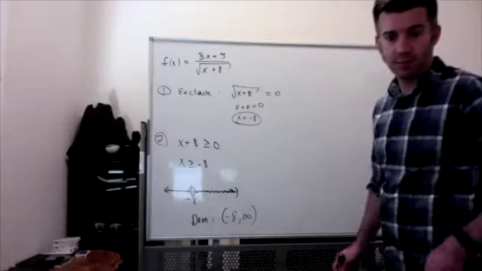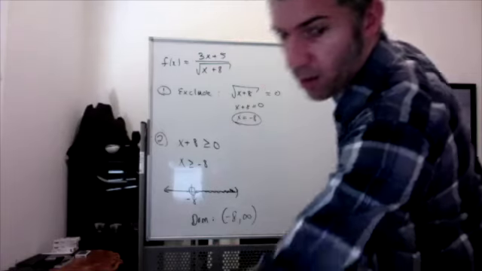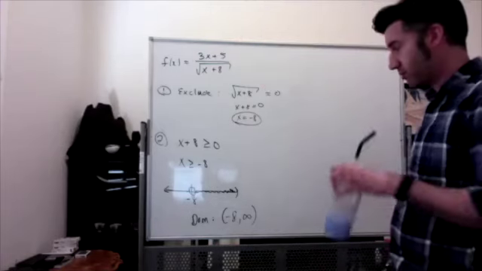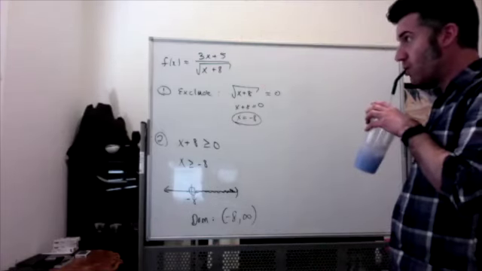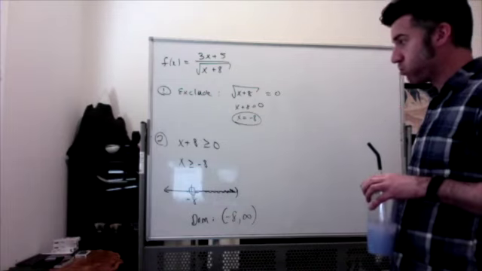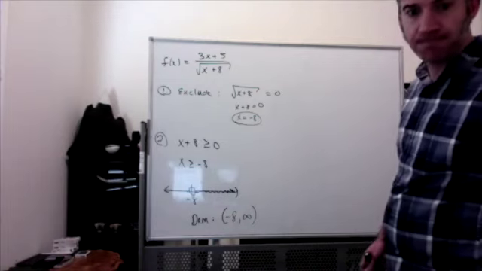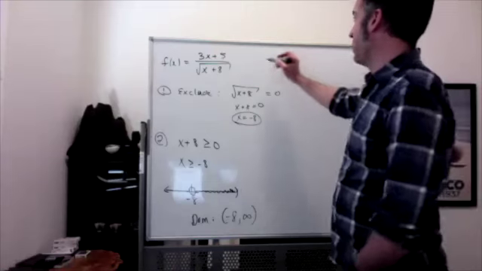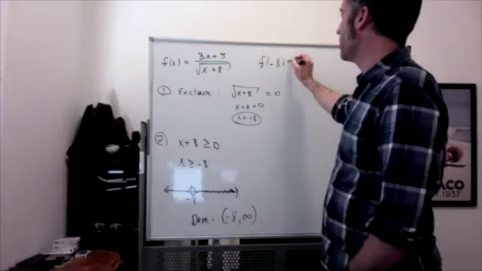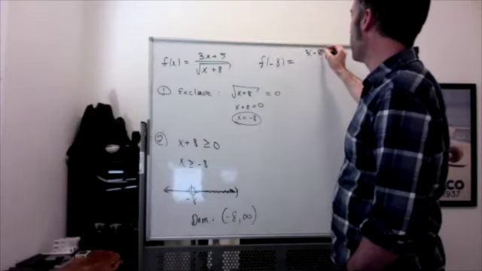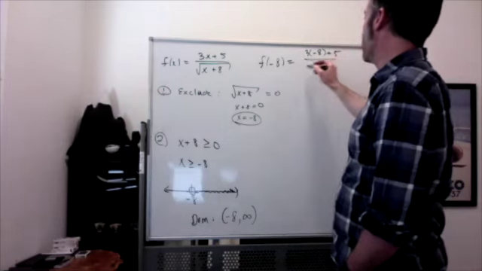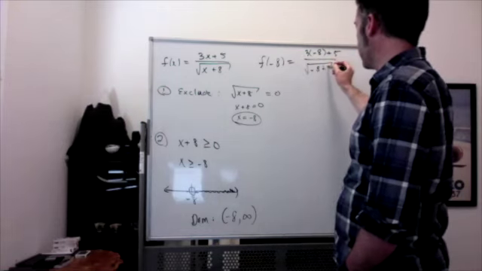James, I have a quick question. Go ahead. I know you kind of explained it, but can you go a little more into detail as to why it's not a closed circle? Like why it can't be equal to negative 8? So what happens if we plug in negative 8? We're going to get 3 times negative 8 plus 5 over the square root of negative 8 plus 8.